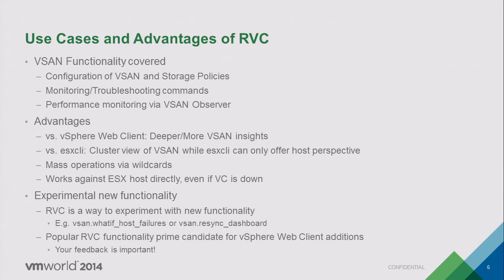One of the other aspects of RVC is that we, in the vSAN team, use it as a way of experimenting with features. For example, during the beta and then with GA, we introduced a command called the Resync Dashboard. That command tells you all about background syncing activities that vSAN does in the background, which wasn't part of the UI and wasn't part of any of the tools we originally had when the beta went public.